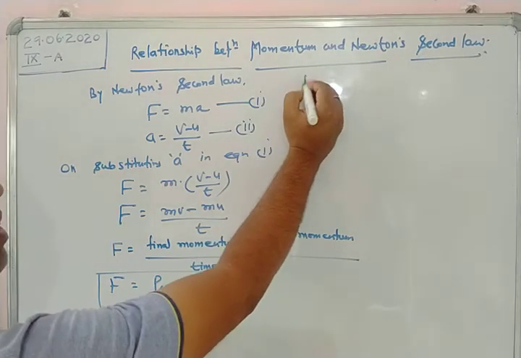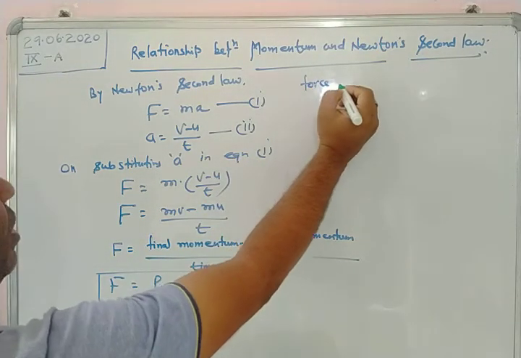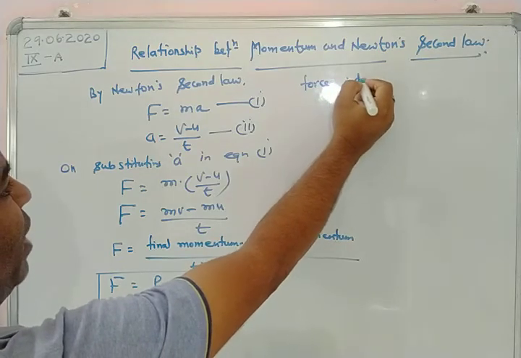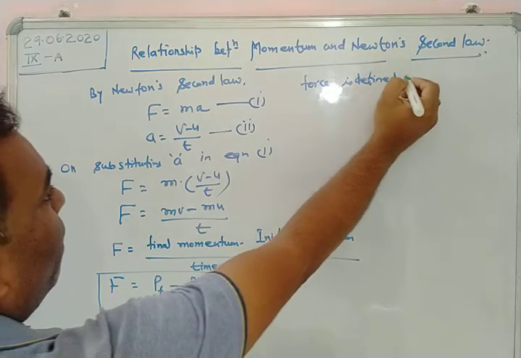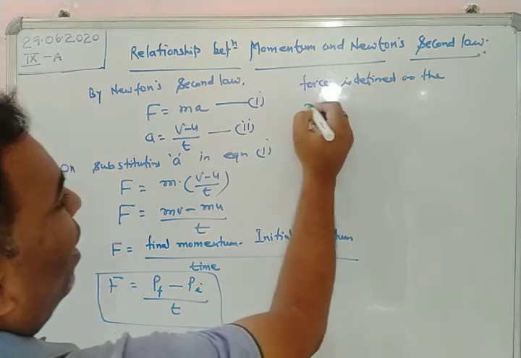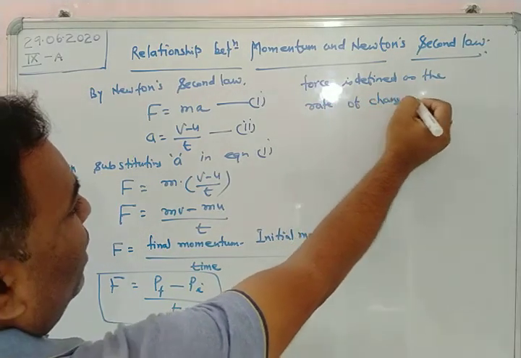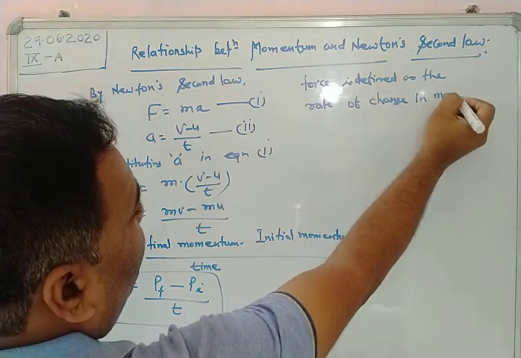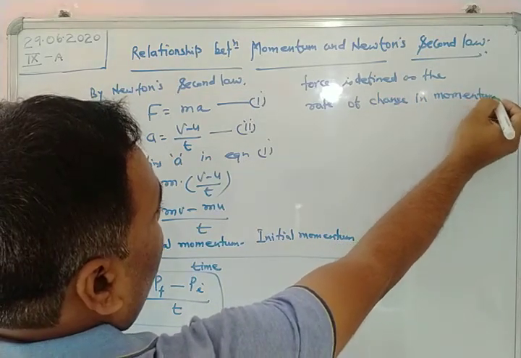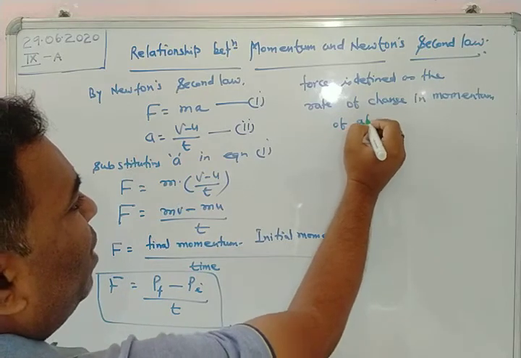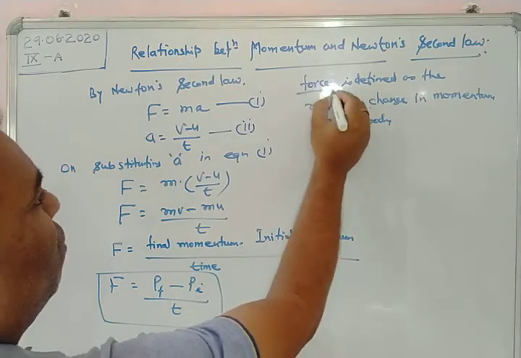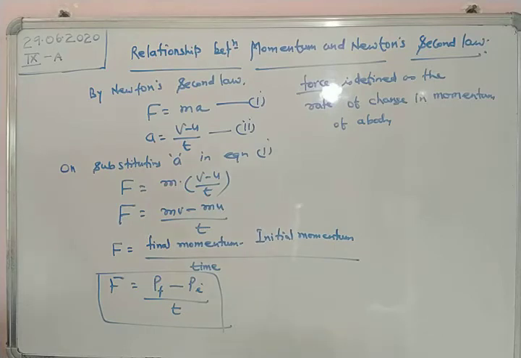We can define force as the rate of change in momentum of a body. So this is one more definition for force. So this is the relationship between momentum and Newton's second law. I hope you have understood.